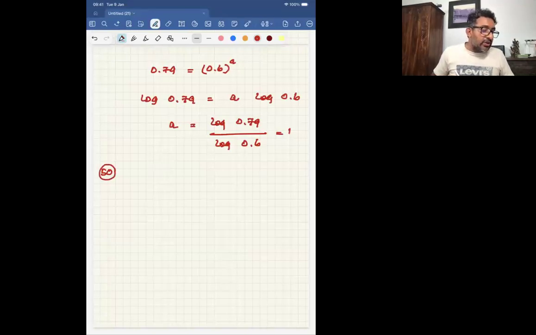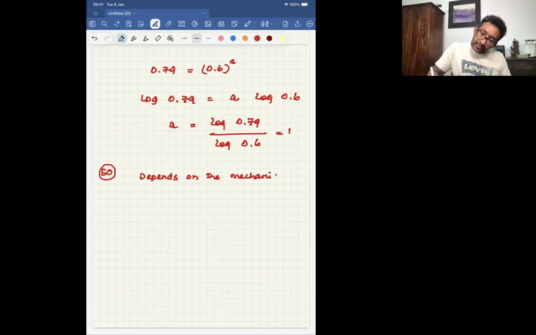Order of the reaction is not necessarily the same as the stoichiometric coefficient of a certain reaction. Explain this statement concisely. It depends on the mechanism, the rate determining step.